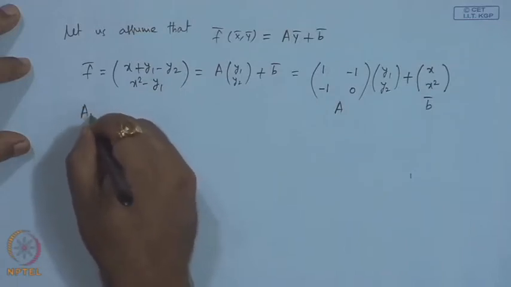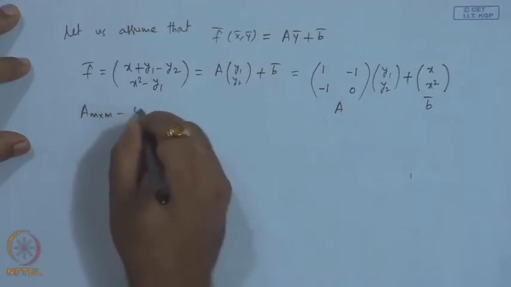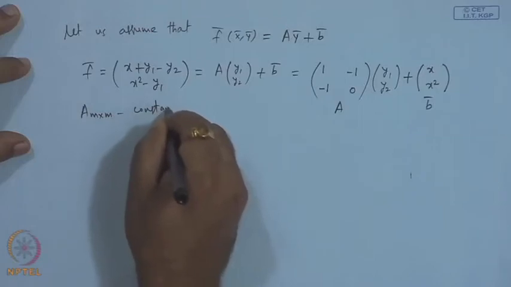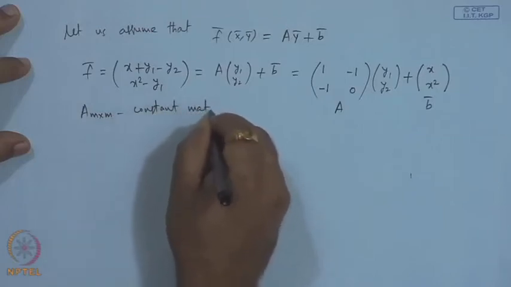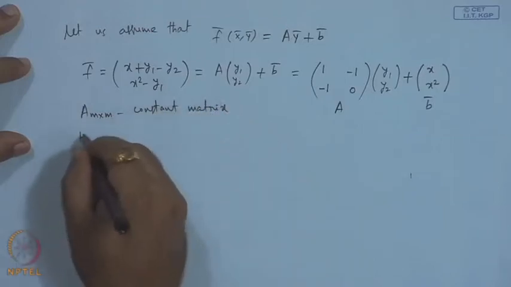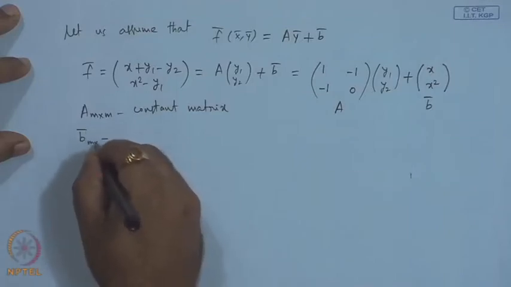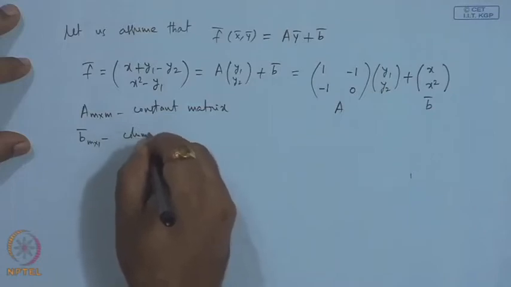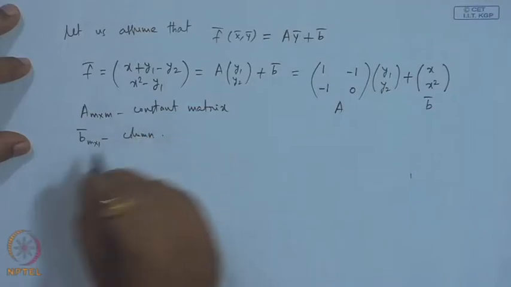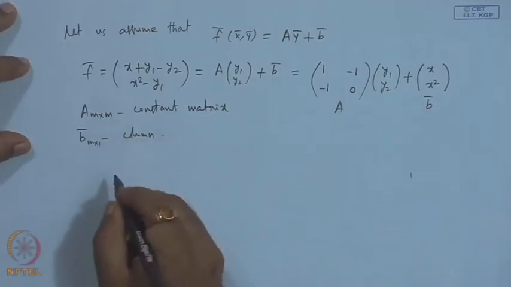So, constant matrix A and B bar column. Okay, this is a column matrix.